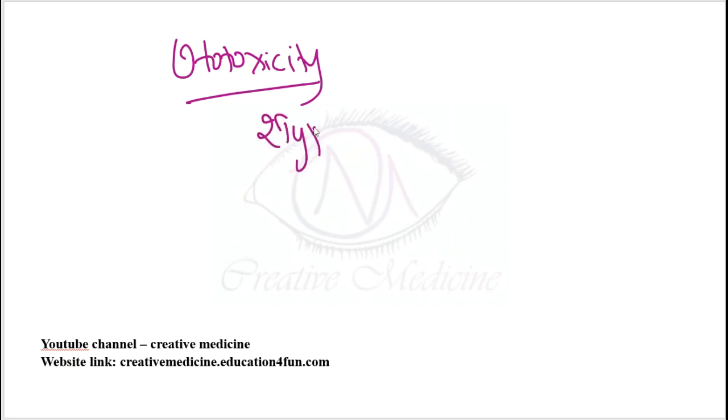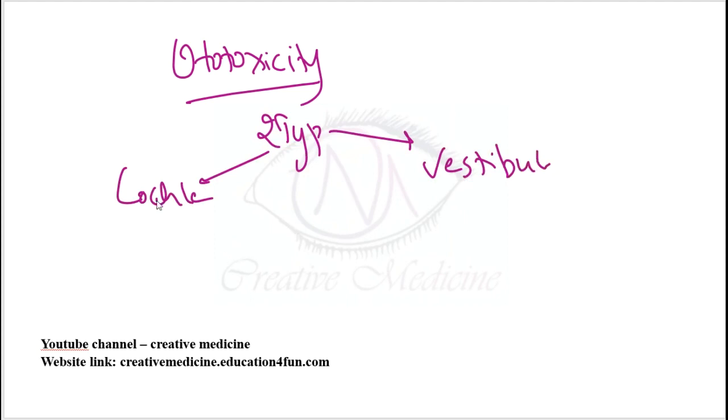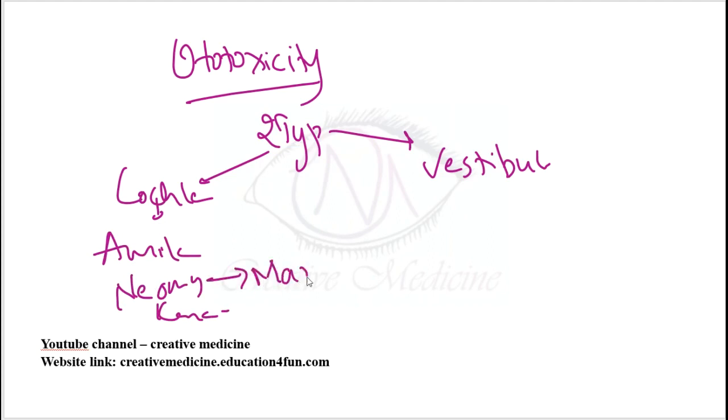Now this ototoxicity is of two types. First we have cochlear ototoxicity, second we have vestibular ototoxicity. Cochlear ototoxicity includes amikacin, neomycin, and kanamycin. Maximum cochlear ototoxicity is caused by neomycin. Vestibular ototoxicity is caused by streptomycin and gentamicin.